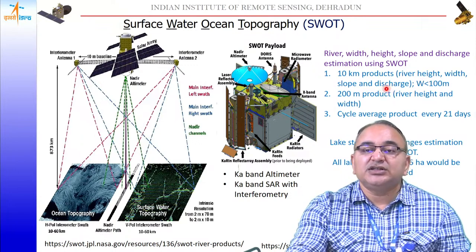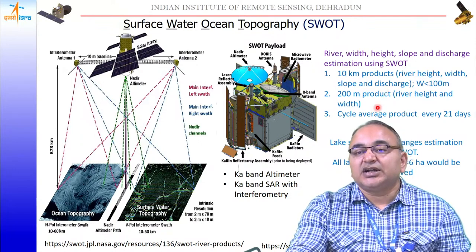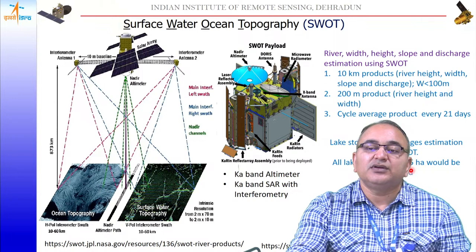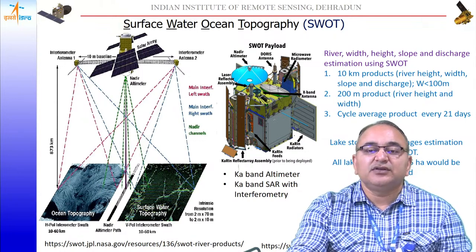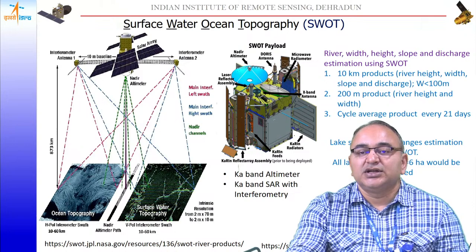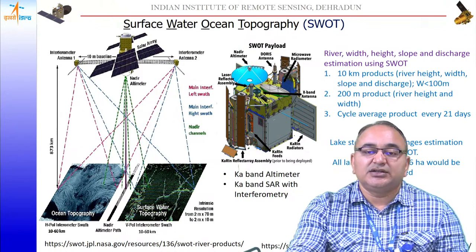The water discharge is a product from this satellite, and then there are the other products at 200 meter giving the river height and width, and the changes in the lake storage and area for all the water bodies which are above 6 hectares. So this is a significant improvement in the monitoring of surface water resources, which this satellite has promised to deliver.